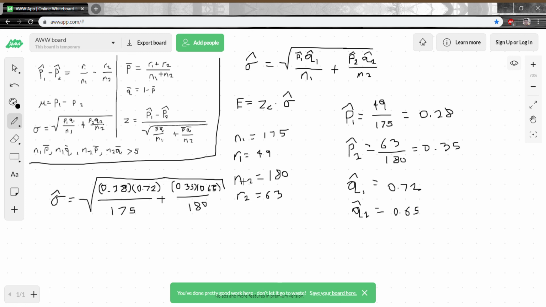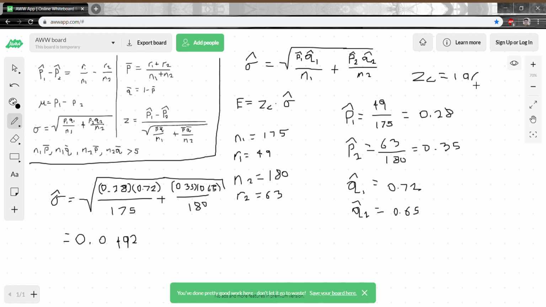The value of sigma hat is going to come out to be 0.0492. We want to run a 95% confidence interval, and the z-score for a 95% confidence interval is 1.96.